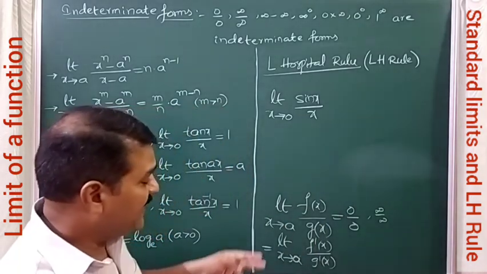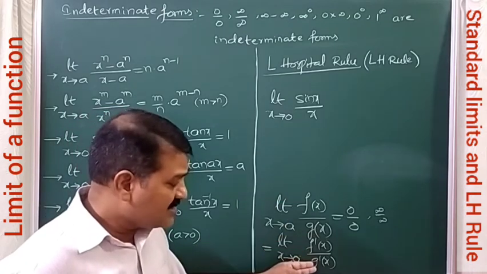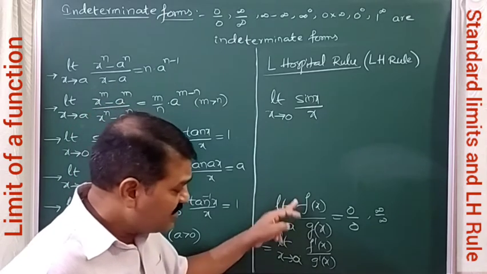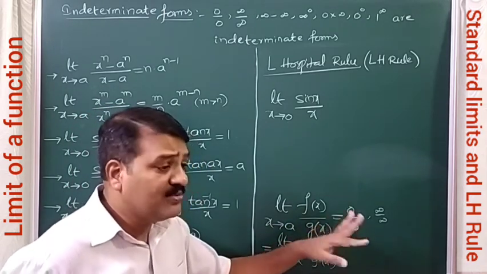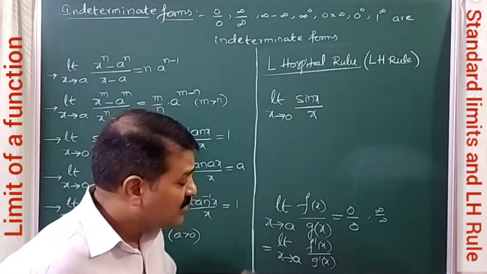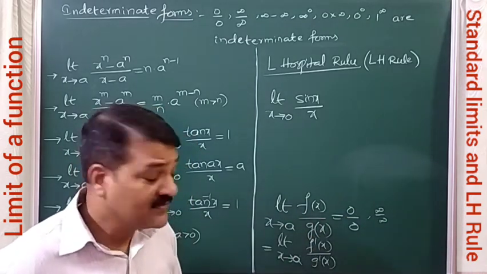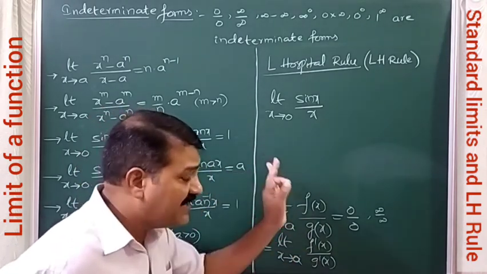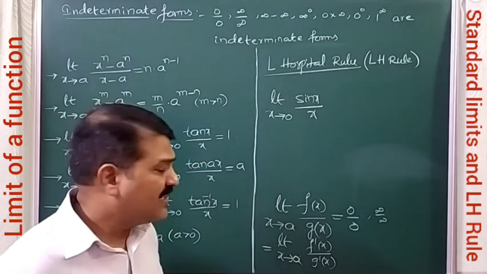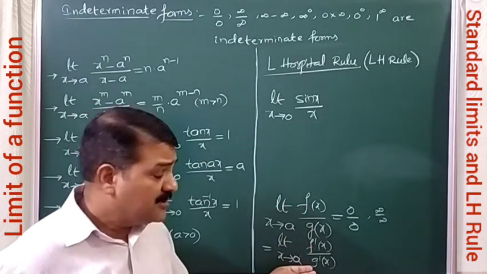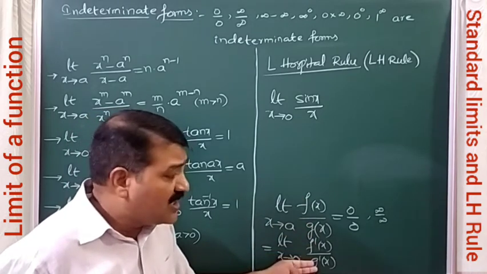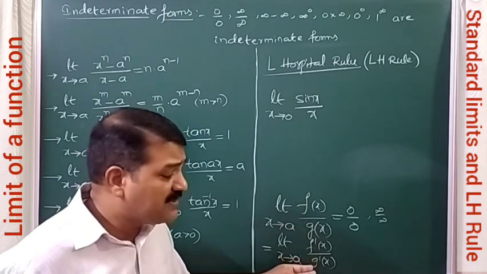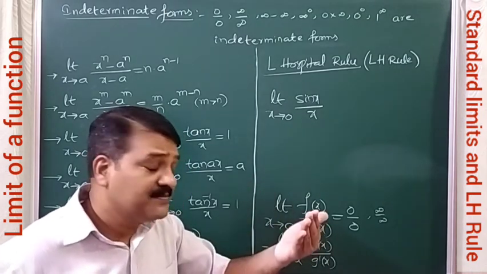Of course, if you are differentiating once and still you are getting 0 by 0 or infinity by infinity, that means you can differentiate again. You can differentiate any number of times until you get a finite limit. Generally, we will differentiate once, but if by differentiating once you are not getting a finite limit, you can continue this process any number of times.